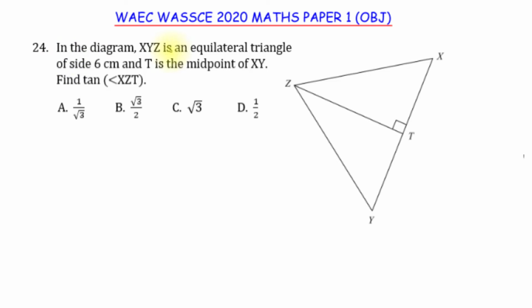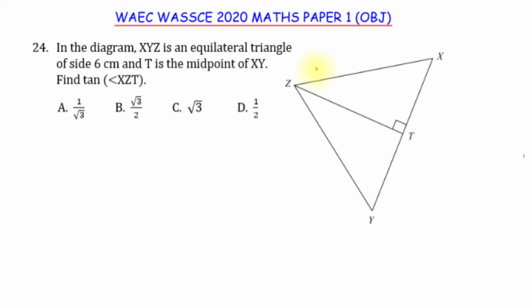In the diagram, XYZ is an equilateral triangle of size 6 centimeters, and T is the midpoint of XY. We have to find the tangent of angle XZT. Let's identify all this information that we are being given.